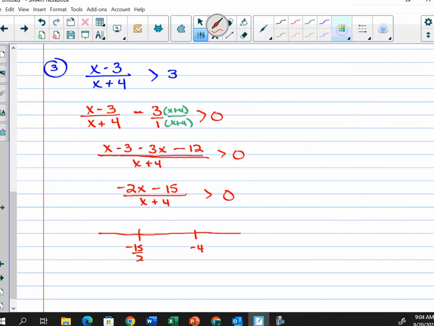So if I test 0 this time, do you guys see how that's going to be on the right side? Okay, and that's going to give me a negative over a positive, which is negative, positive, negative. Did you guys get parenthesis, negative 15 halves to negative 4 parenthesis? Yeah? Getting it?